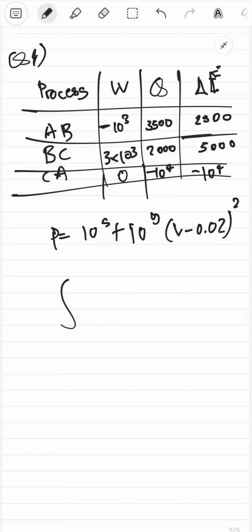So we want the work done on the system. So it's just negative integration of PdV. So just this quantity, which I'm just going to do directly. So just 10 power 5 times V plus 10 power 9 upon 3, so some substitution, whatever.